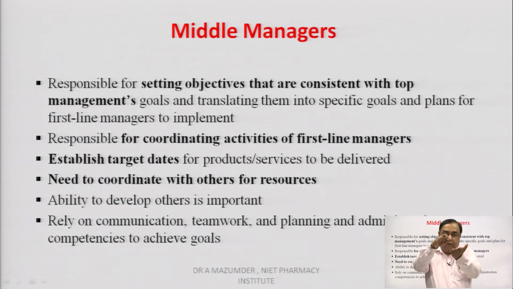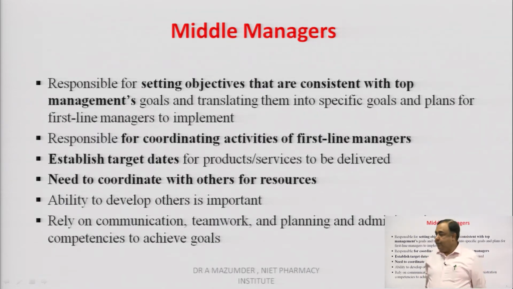So, he is a sandwich between the top and the lowest level. Let us see what are his objectives, what are his functions. He is responsible for setting objectives that are consistent with the top management goals and translating them into specific goals and plans for the first line managers to implement.